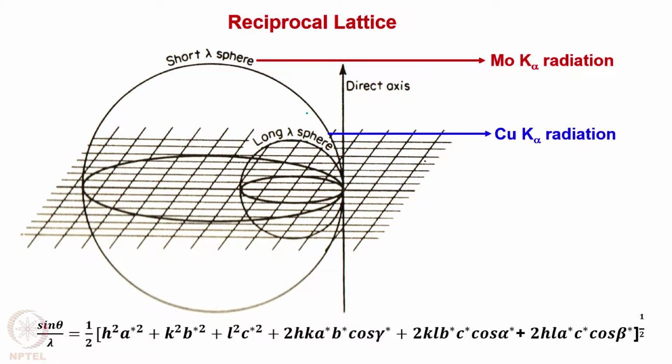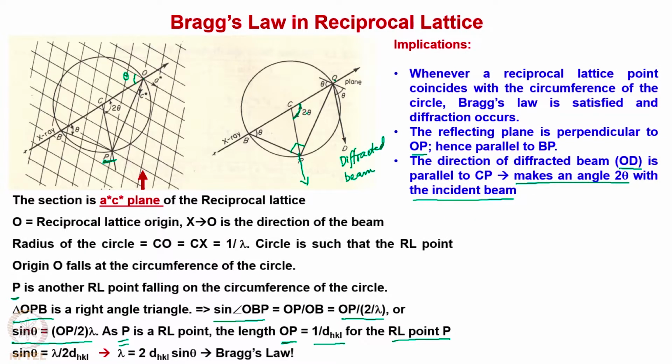So now this particular drawing which we have seen here is only in one particular reciprocal lattice plane of A star C star. Like that, you have sets of planes in A star B star direction or C star B star planes.